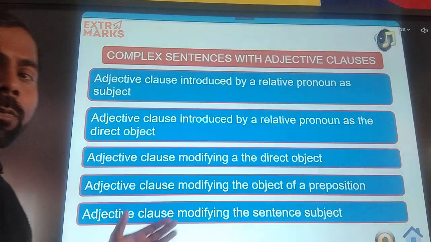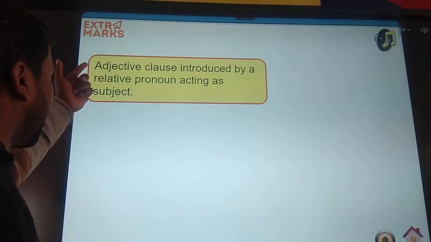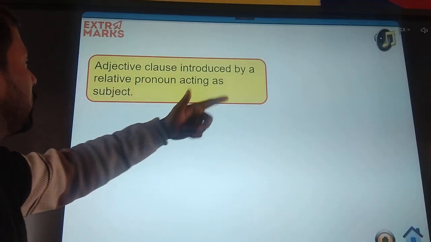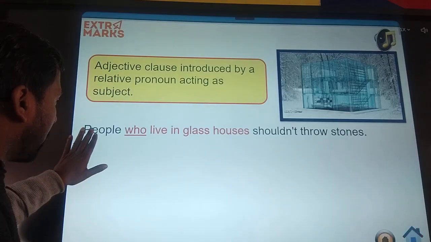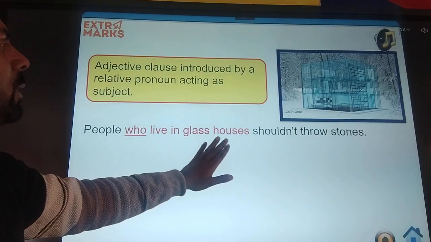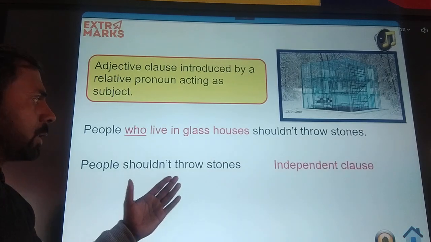Next we learn how it will be implemented, like an adjective clause introduced by a relative pronoun acting as a subject, like "People who live in glass houses shouldn't throw stones."